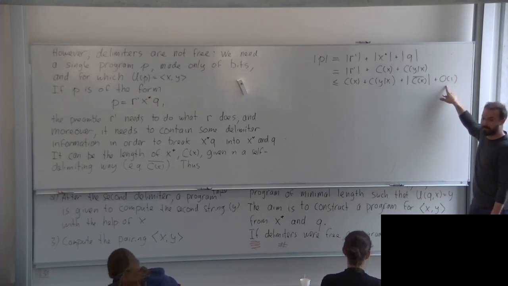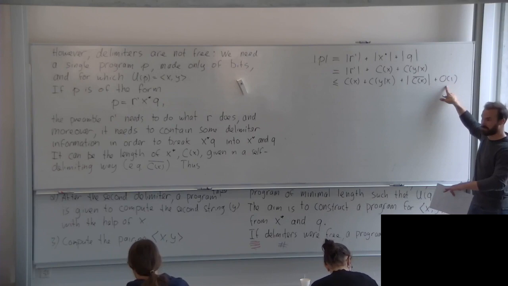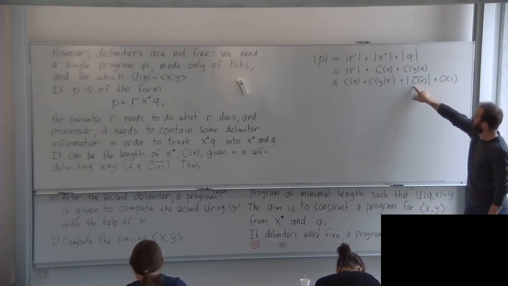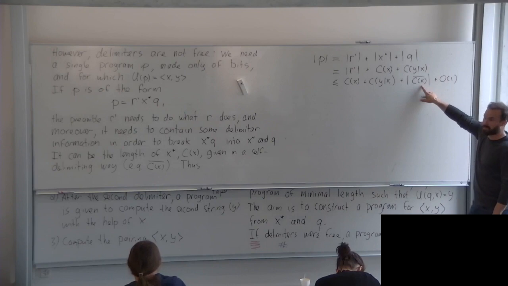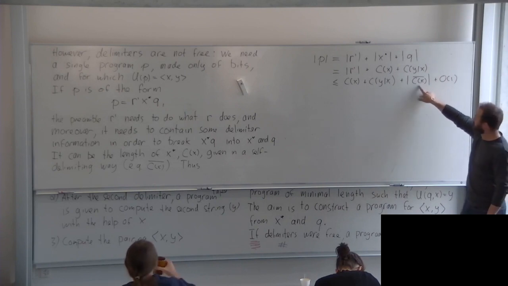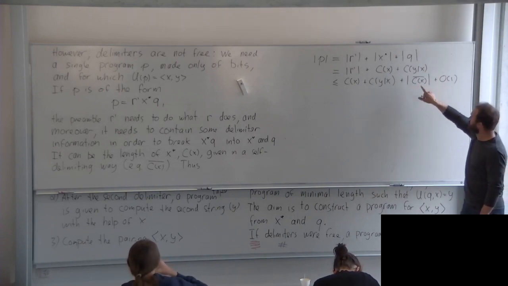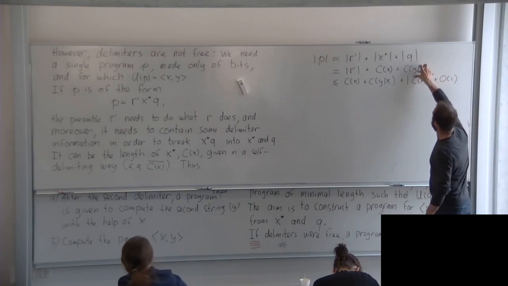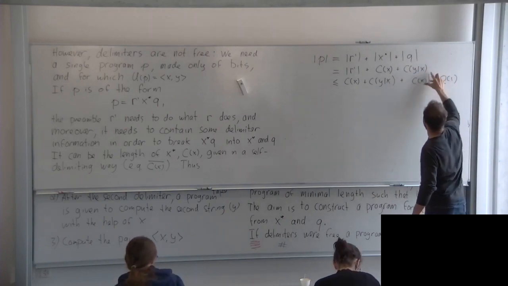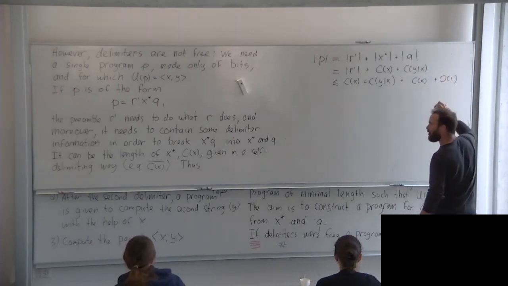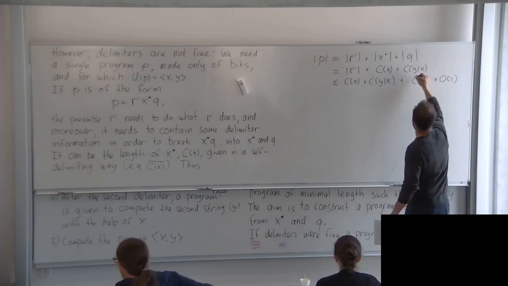The only thing that doesn't remain constant when x and y vary is going to be the delimitation, which was the self-delimiting encoding of, oh, no. No, it's correct.